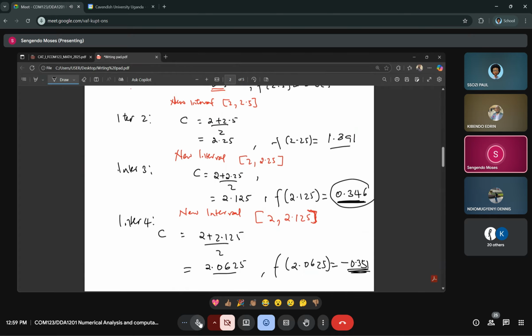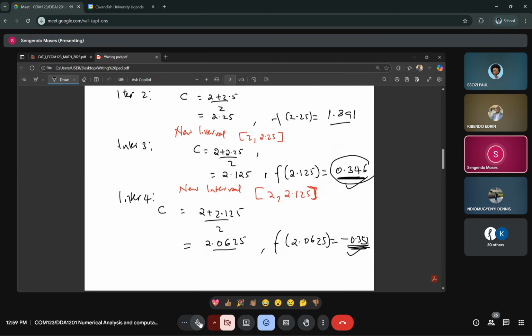Remember they told us that we stop at 4. Therefore, we're going to judge where the root is. If you are to stop at 4, this is more negative compared to this. Are you aware? Yes, sir. Therefore, the conclusion is that much as we have stopped at 4, at least we see a value that is more likely to be a root than the last one.